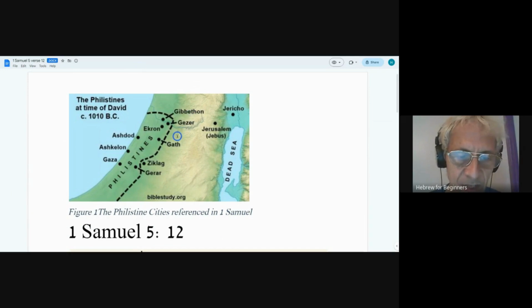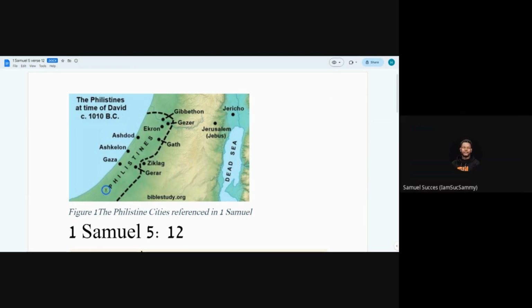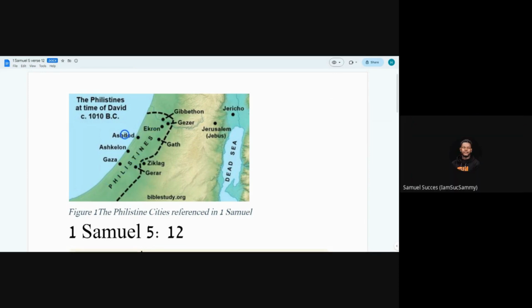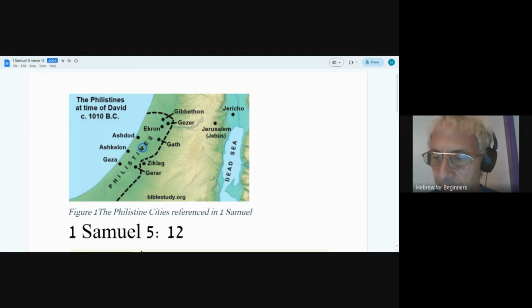The cities that are listed over here in Philistia are cities that were excavated and have been connected through archaeological science to the ancient cities that are referred to in the book of Samuel.